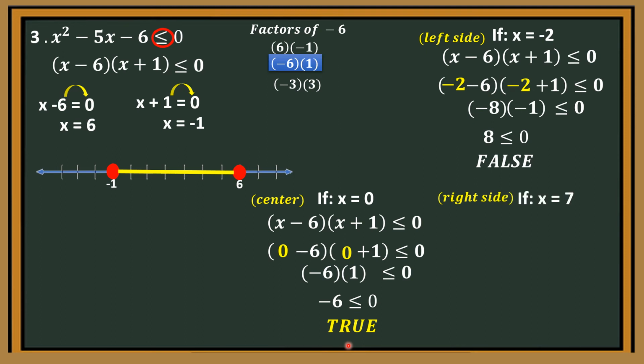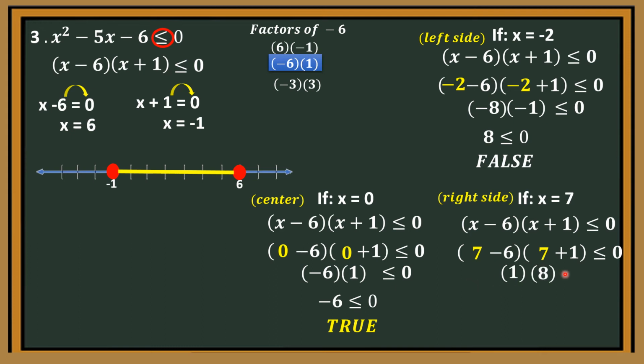Let's go to the right side. So, any number pwede kuhanin sa right side. So, let's have here x is equal to 7. Factor form. Then, substitution. X natin ay 7. So, yung x din natin dito ay 7. 7 minus 6, that is 1. 7 plus 1, that is 8.